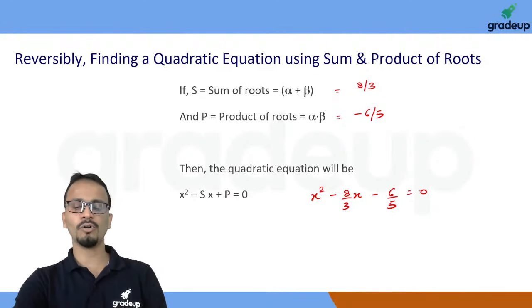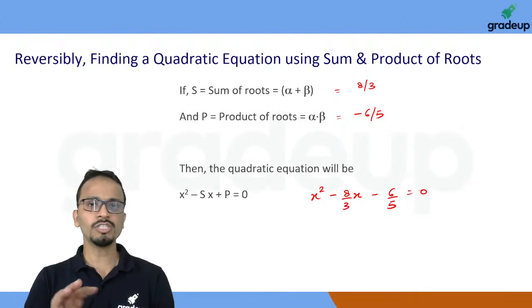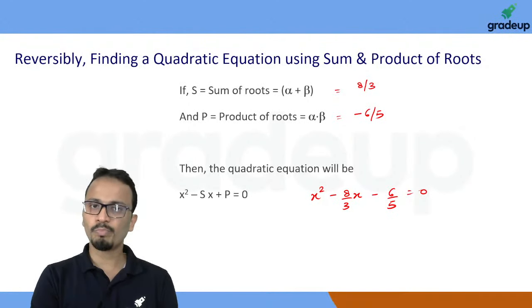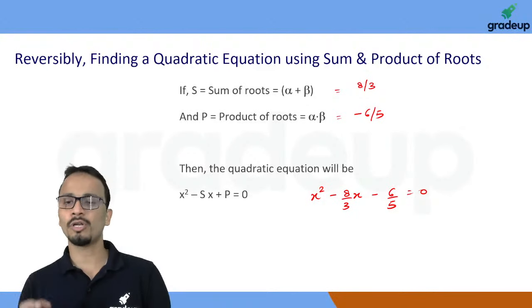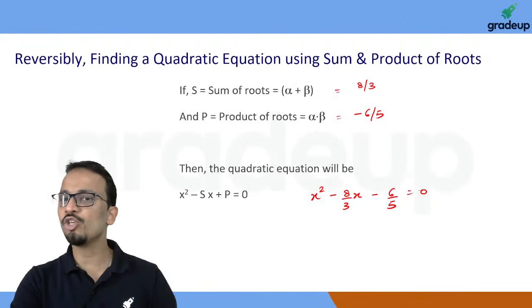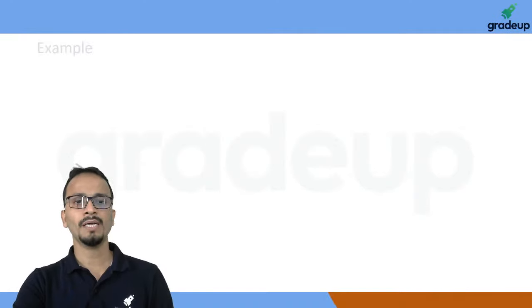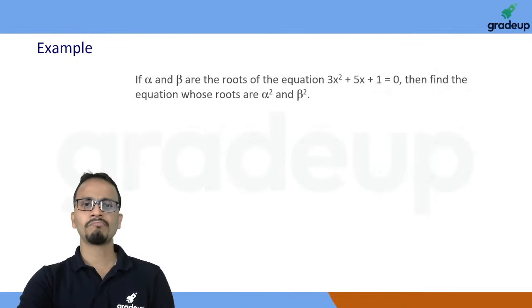All right, great. So this is about the properties in which we have seen the sum and the product of roots. Now let's have a look at the usage of this. I'll give you an example.